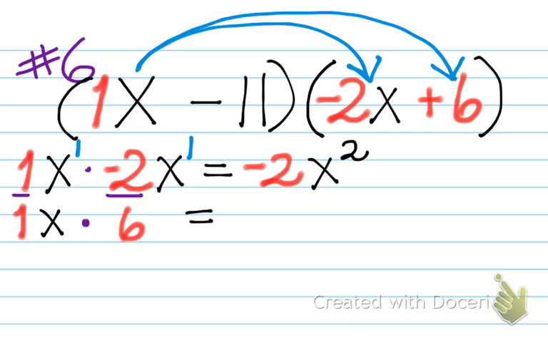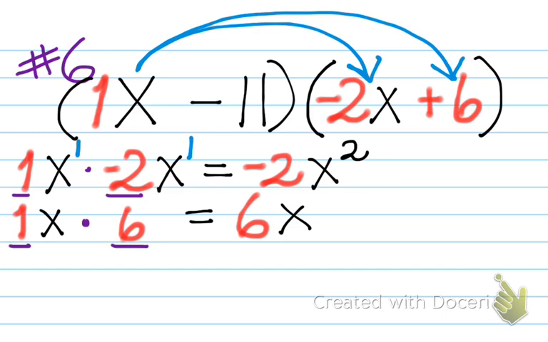Notice that the second polynomial does not have a variable part. So all we do is multiply the coefficients. 1 times 6 is 6. And then we just carry over the variable. We don't add the powers because there are no variable parts in the second polynomial.